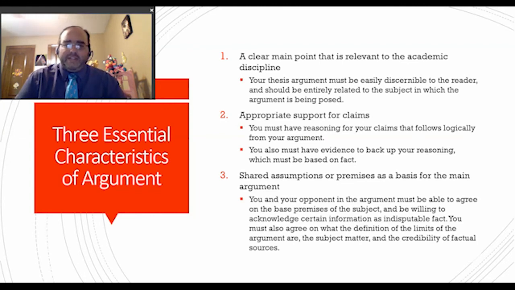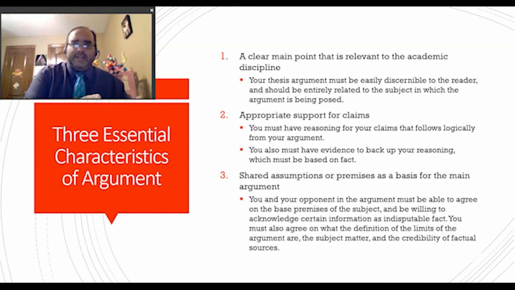You must have reasoning for your claims that follows logically from your argument. So you cannot just make an out of the blue statement and say, oh, this proves my point, without giving any evidence as to why that proves your point. You must also have evidence to back up your reasoning, which must be based on fact. There's a difference here. Reasons and evidence are two entirely different things.